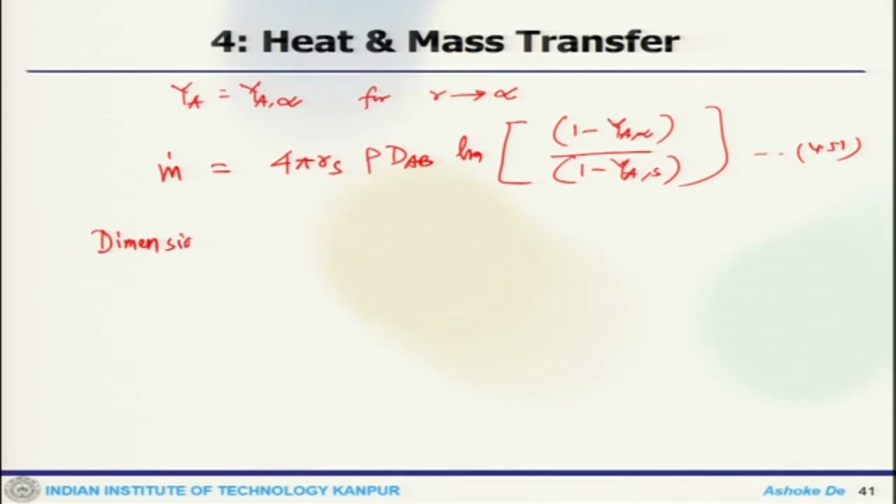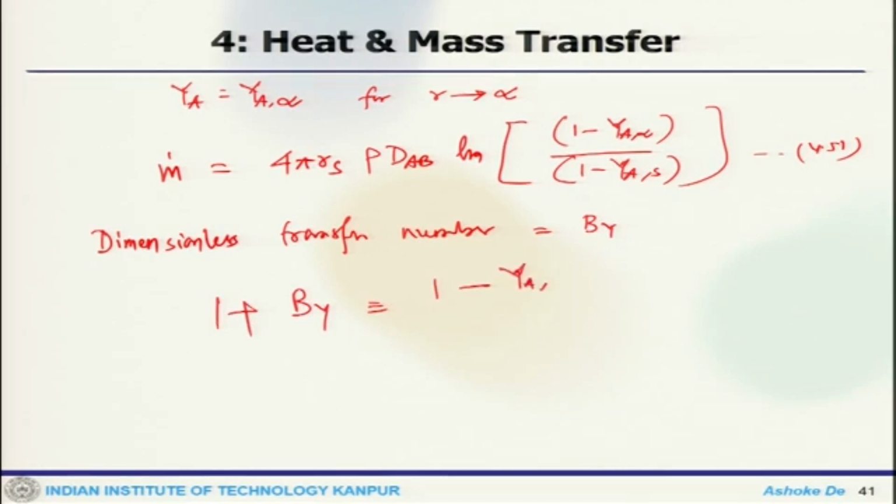In this equation one can define the dimensionless transfer number, let us say B y, then 1 plus B y would be (1 minus y a infinity) by (1 minus y a s).